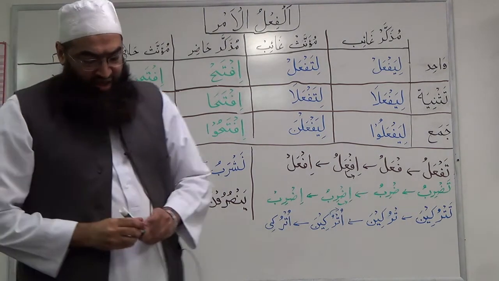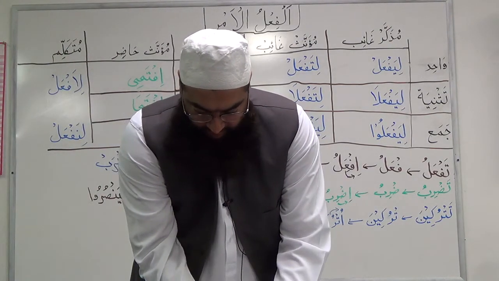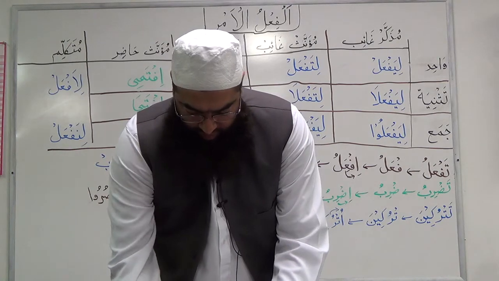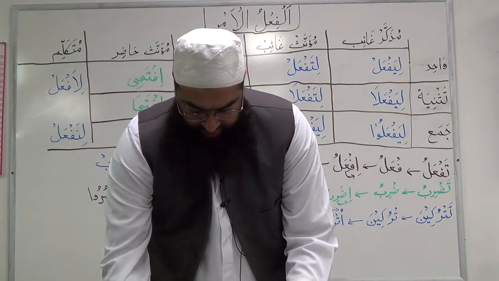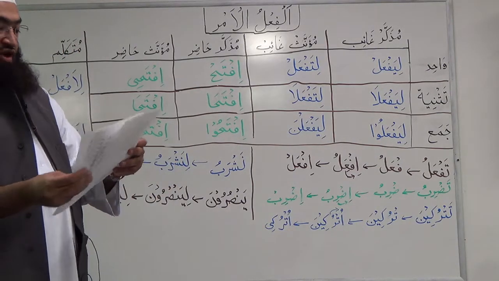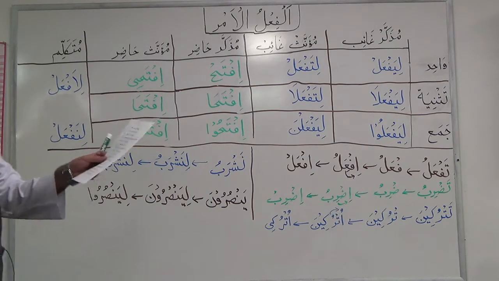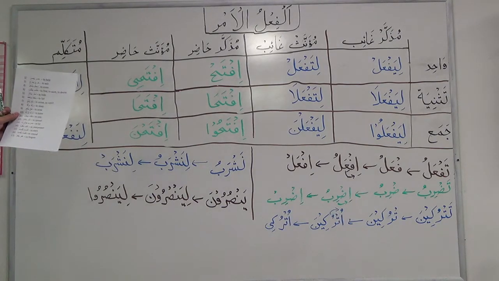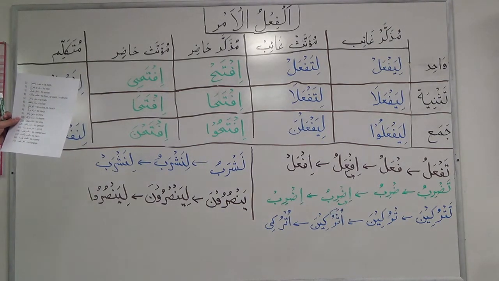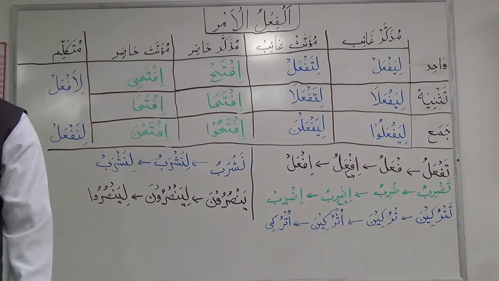All right. So I gave some words last week. I made 50 words for you guys, so that we can use this. So let's use a word from here. Kasaba yaksibu, to earn. All right.